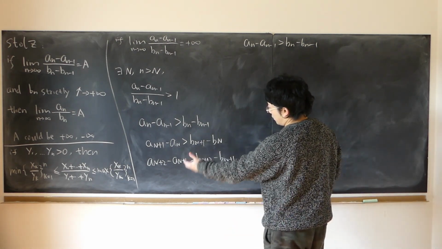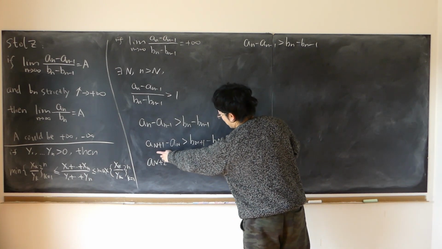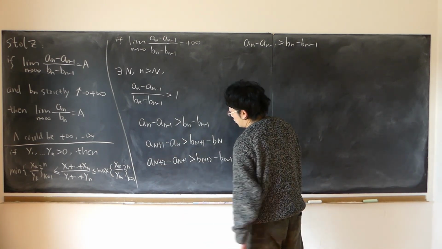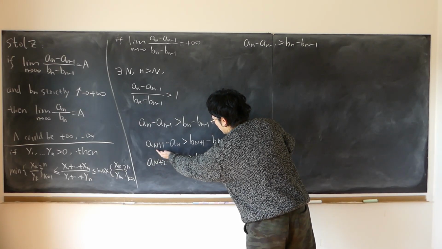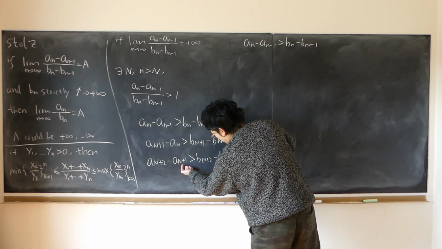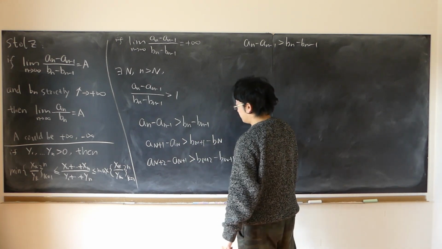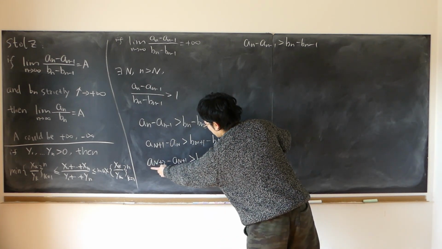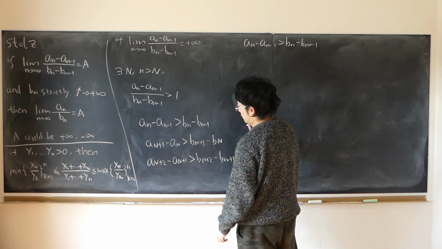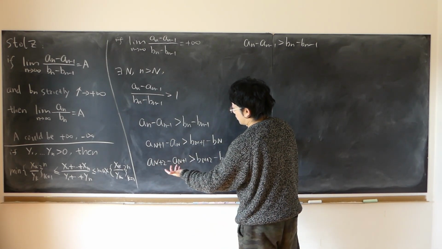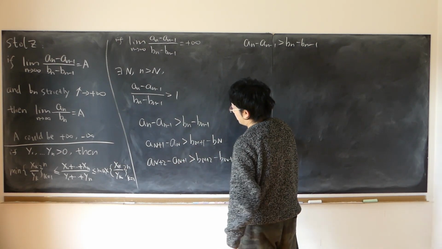Again, we just add up all the left-hand sides. The left-hand side is easily a telescoping series, where a capital N plus 1 and the negative a capital N plus 1 cancel out, and a capital N plus 2 cancels out with the next negative a capital N plus 2, the next pair.